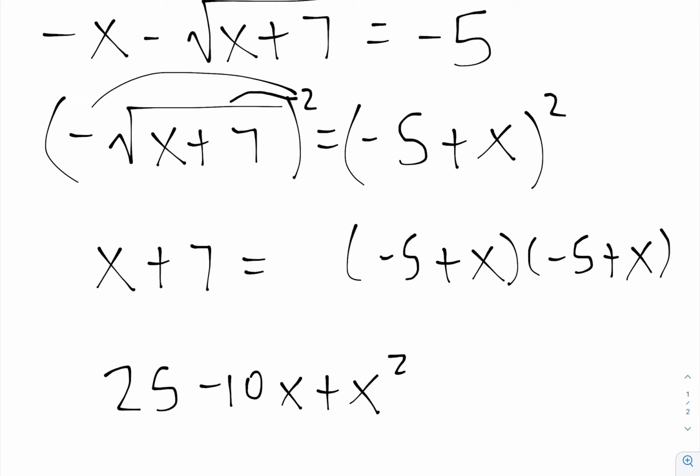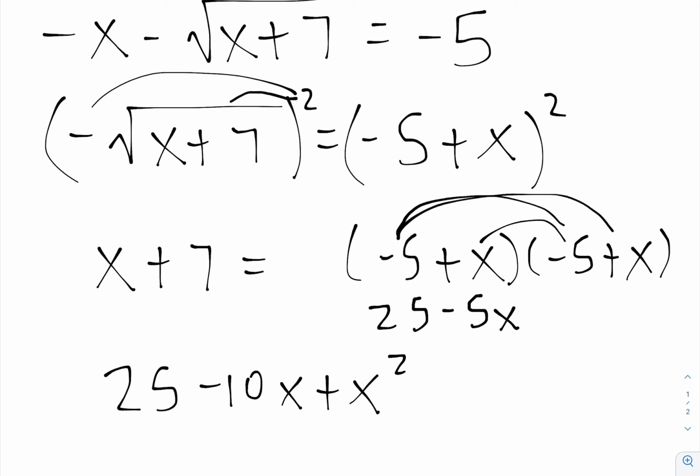Before it was positive 5 times positive 5, now it's negative 5 times negative 5. This is still positive 25. Before it was positive 5 times negative x, this time it's negative 5 times positive x. Notice how it's still minus 5x. Do the same thing with x and negative 5x. Positive x times positive x is positive x squared. Combining the negative 5s, we still get negative 10.